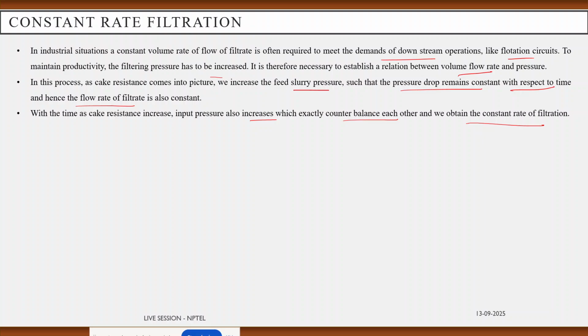So here we can see that for constant rate filtration, we have dV by dt A. Here we can also write the cake resistance, which we have derived.